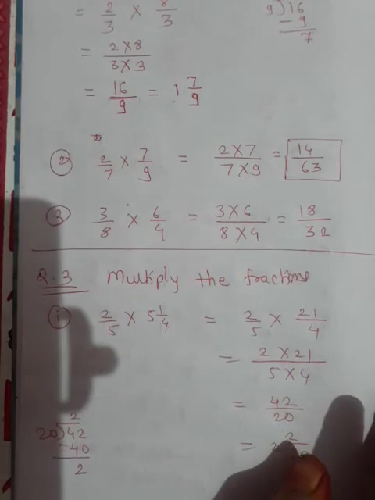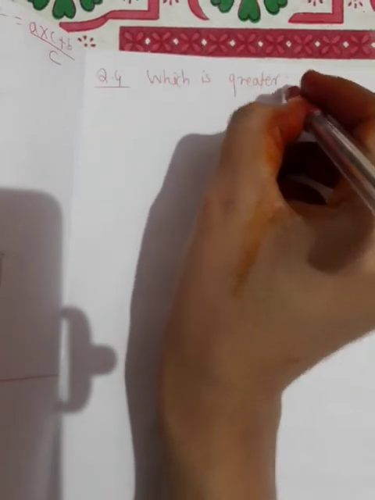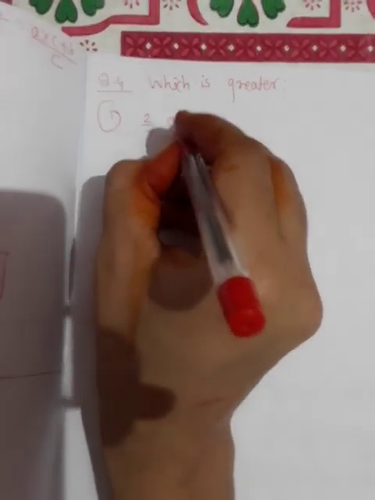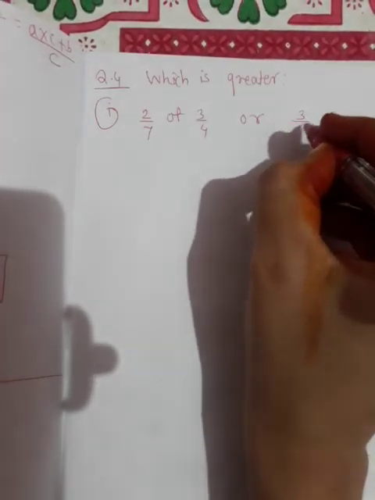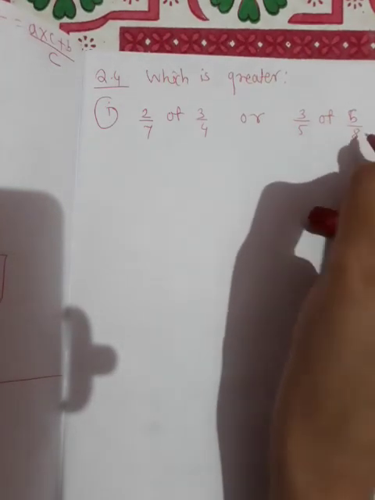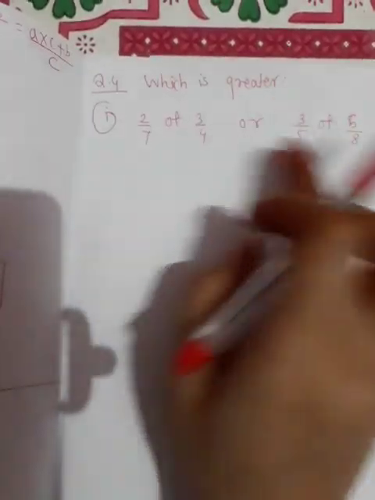Okay, now question number 4 is which is greater? First is 2 by 7 of 3 by 4 or 3 by 5 of 5 by 8. They have asked which is greater, means in these two which is greater.